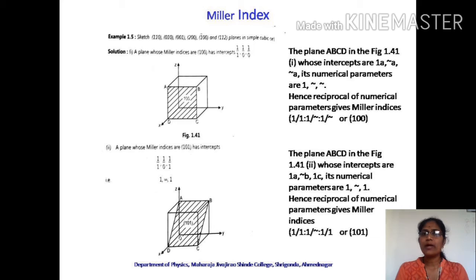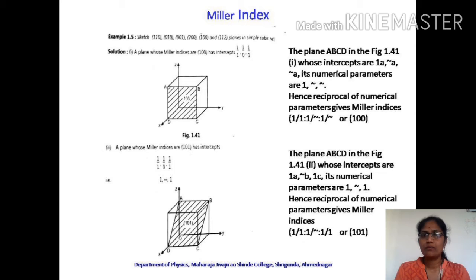It means that we have to now find out the intercepts made by the plane. So we have to take the reciprocal of the digits given here, that is the h, k, l values. Here 100 means the h value is 1, so we take the reciprocal.